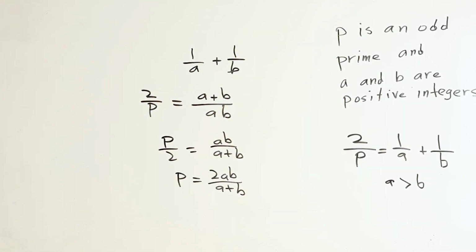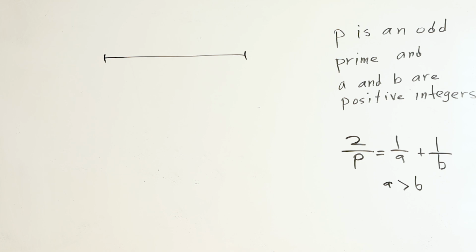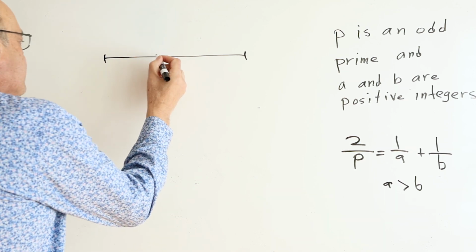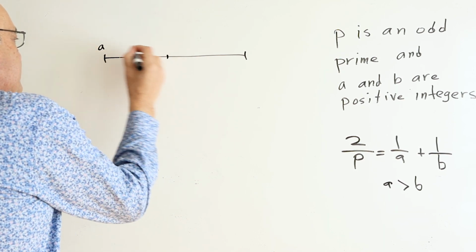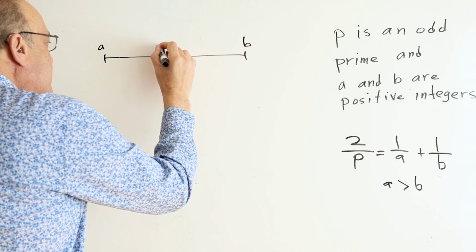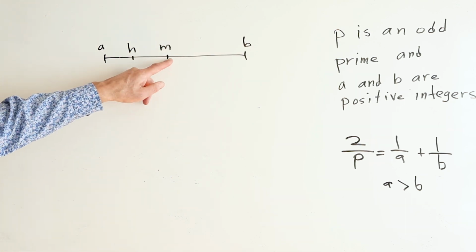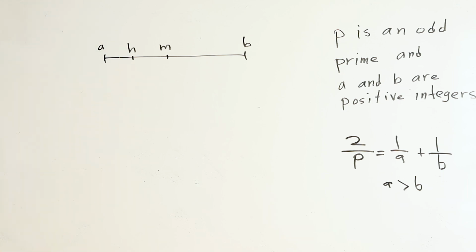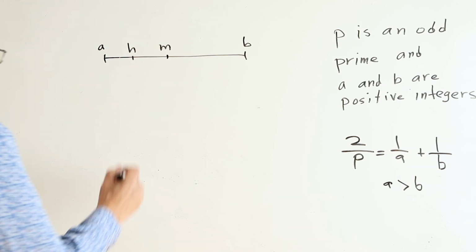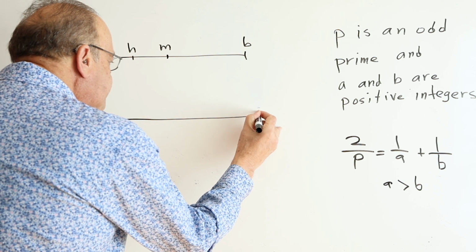So now we can use that. Suppose I start with A, B, M, and H, again the arithmetic mean and harmonic mean of A and B. Now I'm going to write something below it.